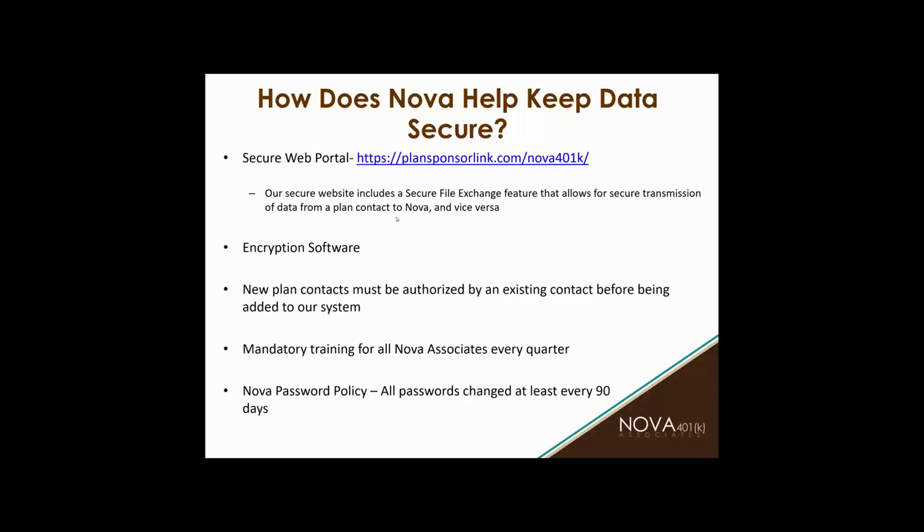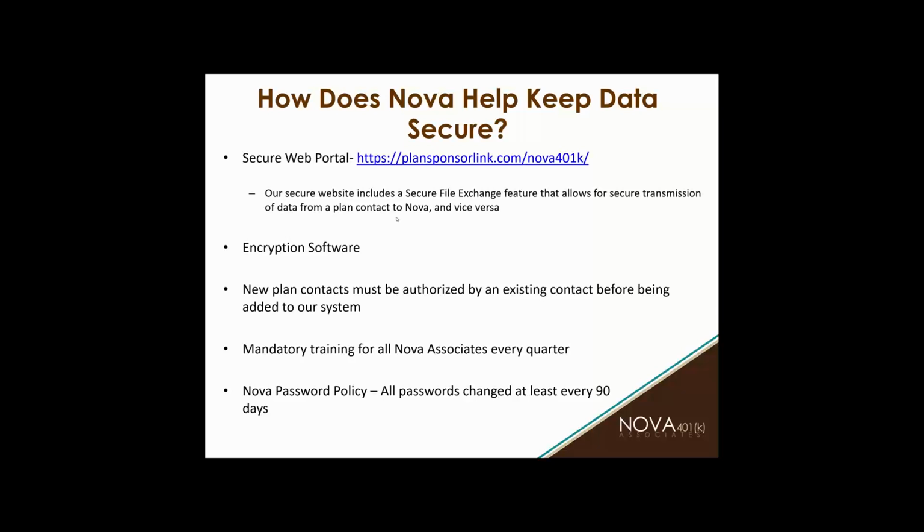And that secure file exchange feature is awesome because it also has the added feature of Plan Sponsor Link automatically sending an email to that person. So if you go in and you're going to send me a file, Lisa Horn-Dealman, you're going to find my name. It has a listing of all of Nova's employees. You're going to find my name and send me a file.